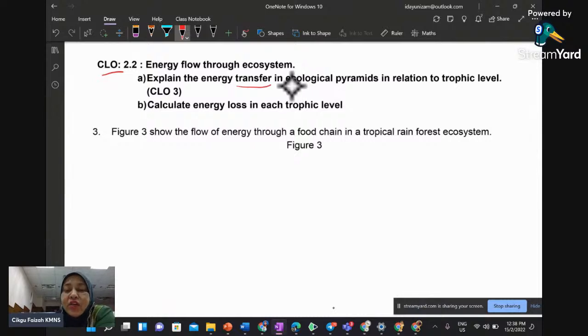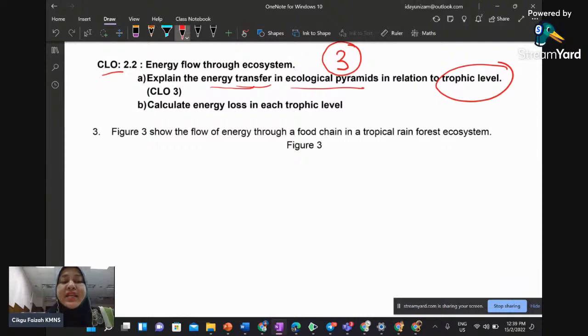Kita ada 3 ecological pyramids, where these 3 ecological pyramids are energy pyramid, numbers pyramid, and biomass pyramid. Okay, these 3 ecological pyramids, you need to understand the concept of how the energy transfers from one trophic level to another trophic level. Okay, and then kamu mesti tahu untuk calculate, kelas, calculate the energy loss.